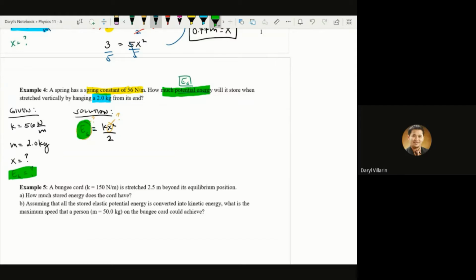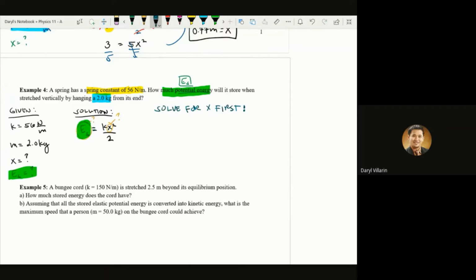So therefore, you need to solve for x first. Okay, so I need to solve for the value of x first.